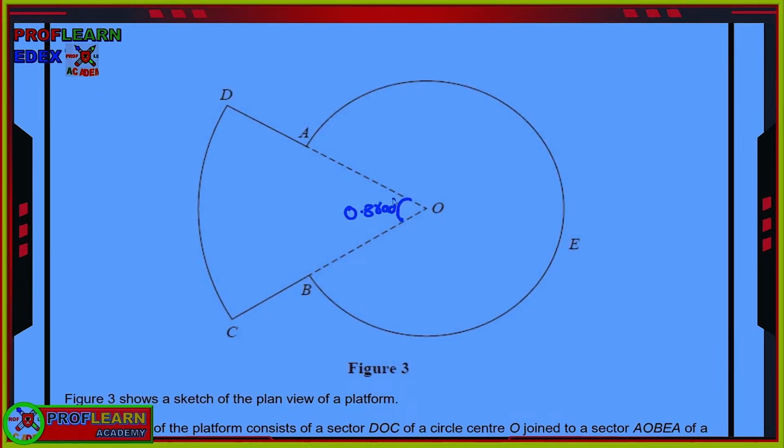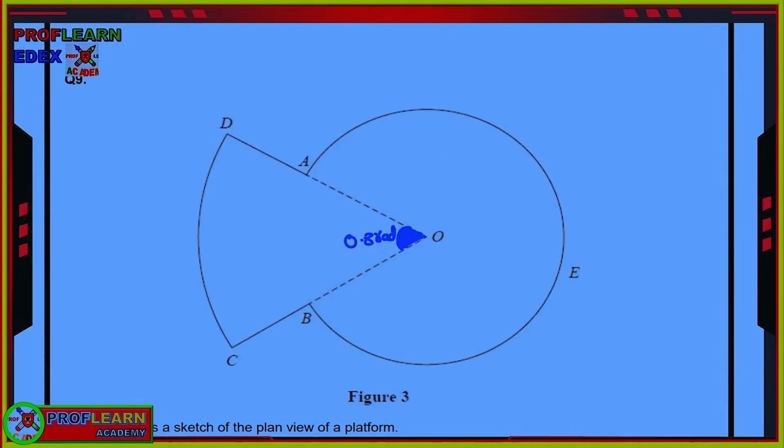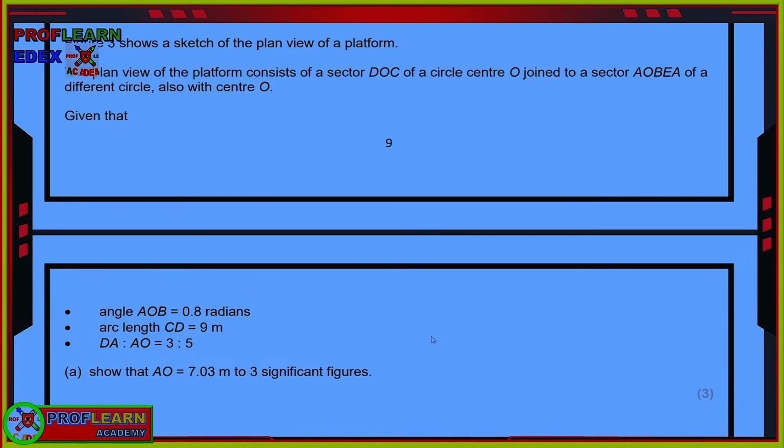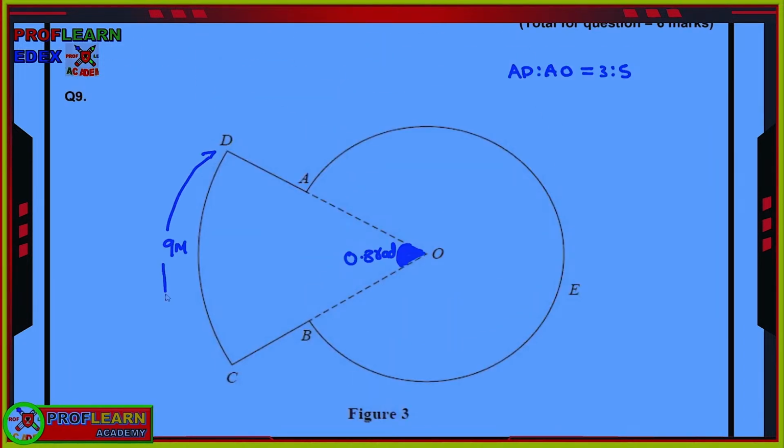This is 0.8 radians, this angle here. And then we are given also the arc length, and the ratio of AD and AO is 3:5. And also we are given the arc length of 9 meters for this particular section here. So meaning that arc length and the angle is going to enable us to work out the radius for this part, right?